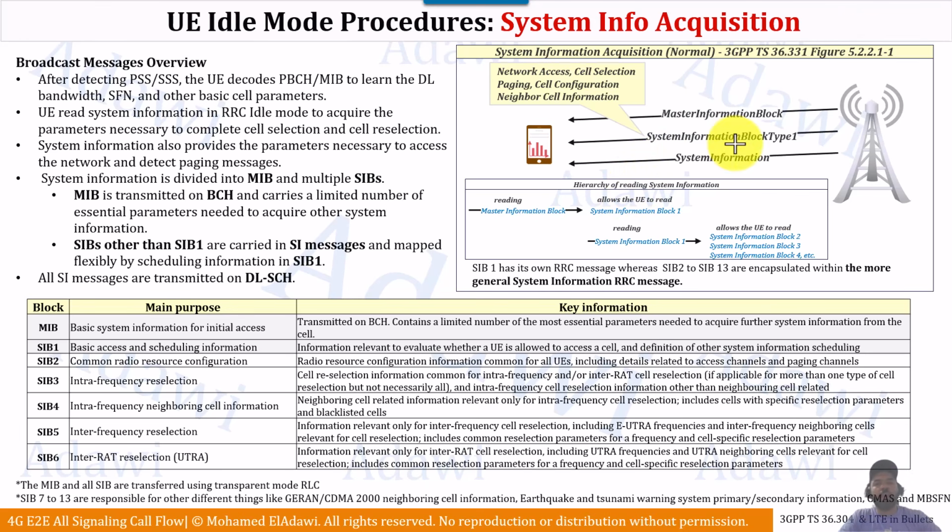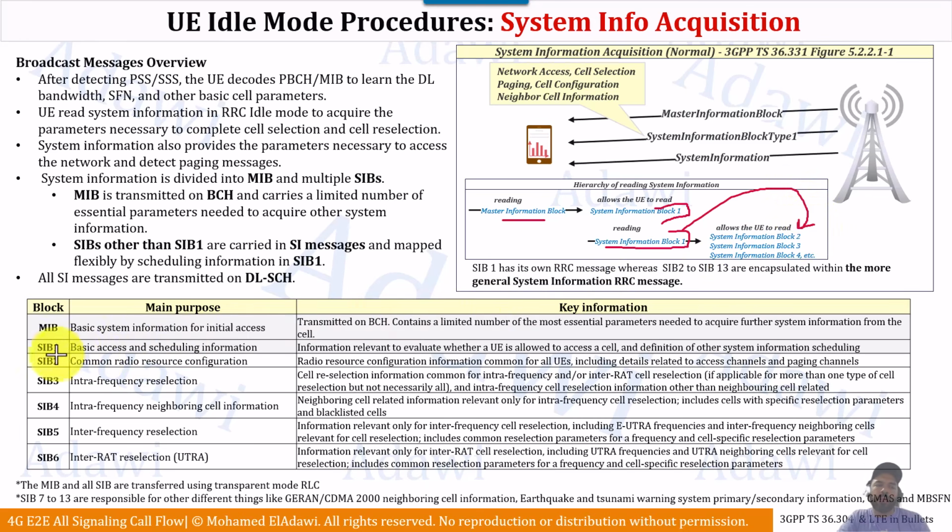So remember always, whenever there is a system information acquisition during cell search or cell access, the user first uses the master information block. Then from this master information block, it will get the information about system information block 1. So now it will be reading system information block type 1, and here you'll find the information to know where you can find and read system information block type 2.